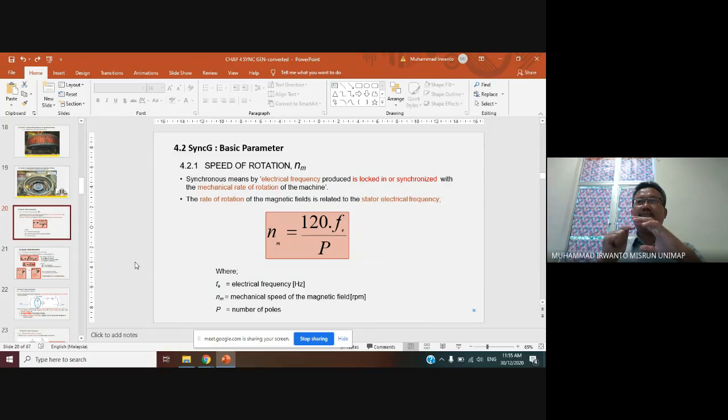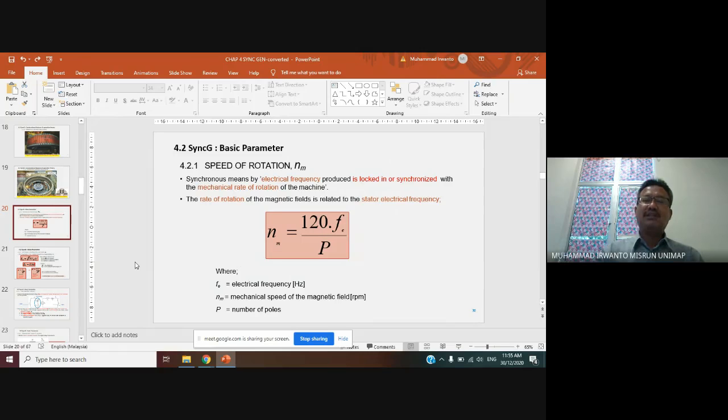The rotor moves. The movement of the rotor has a number of speed, the mechanical speed. So this mechanical speed of the rotor is given by Nm equal 120 times Fe over P.